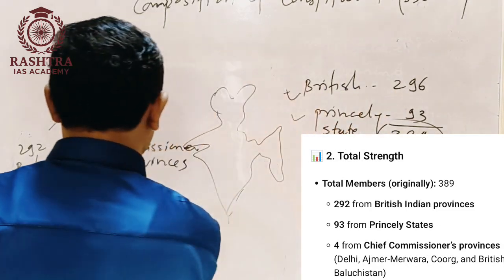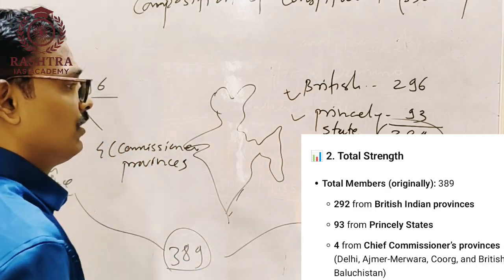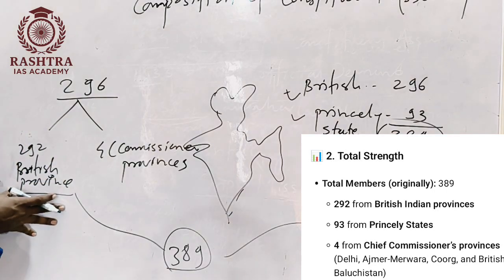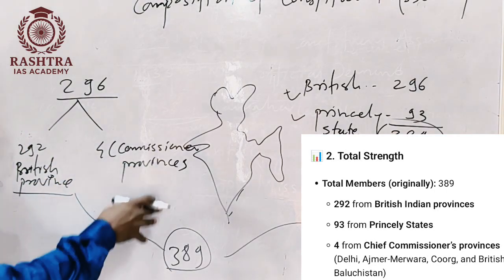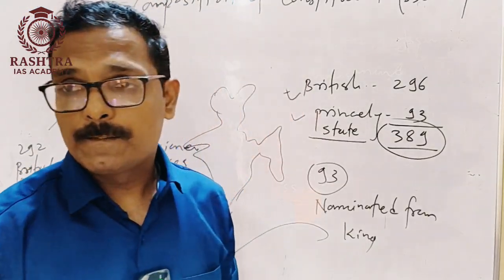So this is all about the 389 numbers: 296, of which 292 from the British provinces and 4 from the commissioner provinces, and 93 nominated from the kings of India.